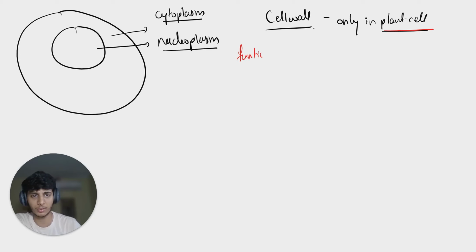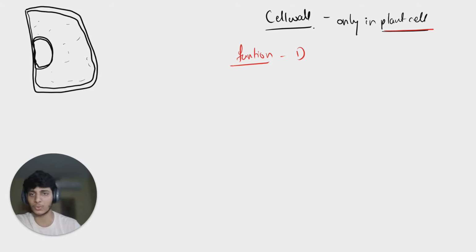Function one: it provides structural support. I should draw this as a plant cell. This is the cell wall.